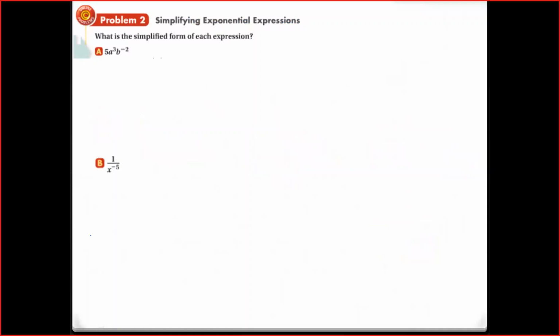Now, this is problem number 2, simplifying exponential expressions. What is the simplified form of each expression? Look here. 5a cubed b to the power negative 2. It is 5 multiplied by a cubed multiplied by b to the power -2.